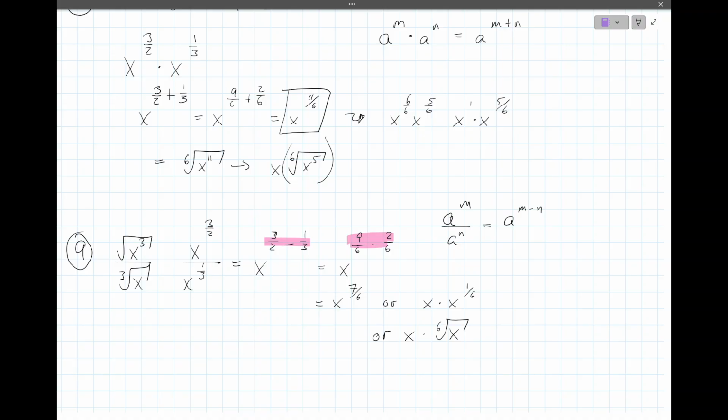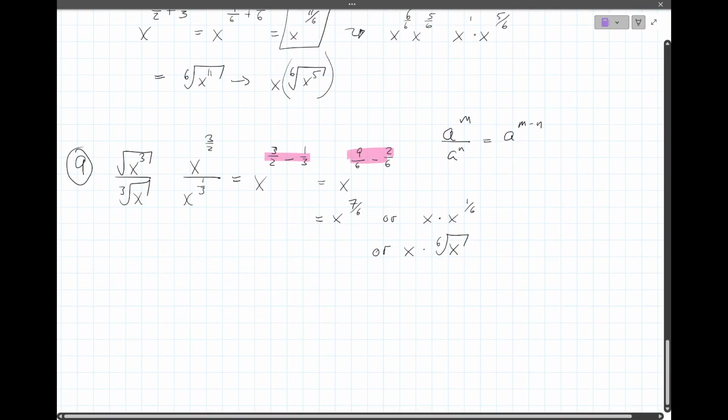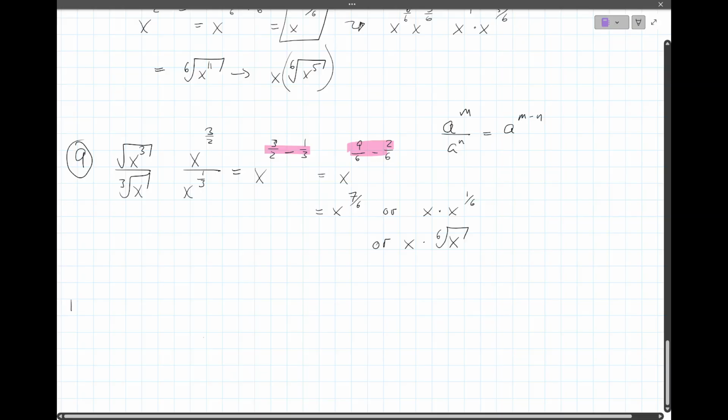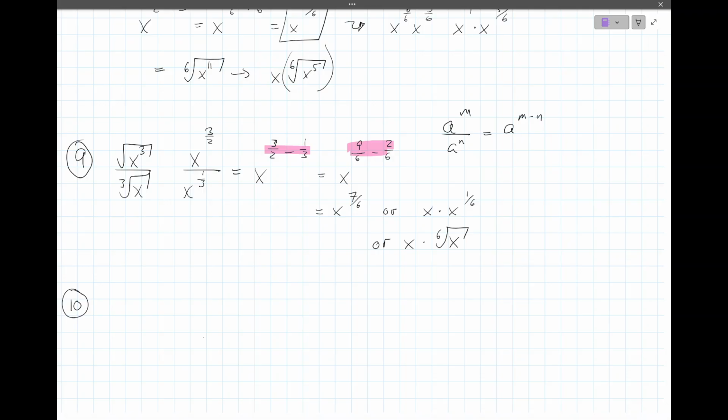Let's do a couple more, and then we'll have one more video that we're going to take a look at. So number 10, we're going to do example 10, and we want to simplify root 2 over root 7. But we're going to use a process called rationalizing the denominator.